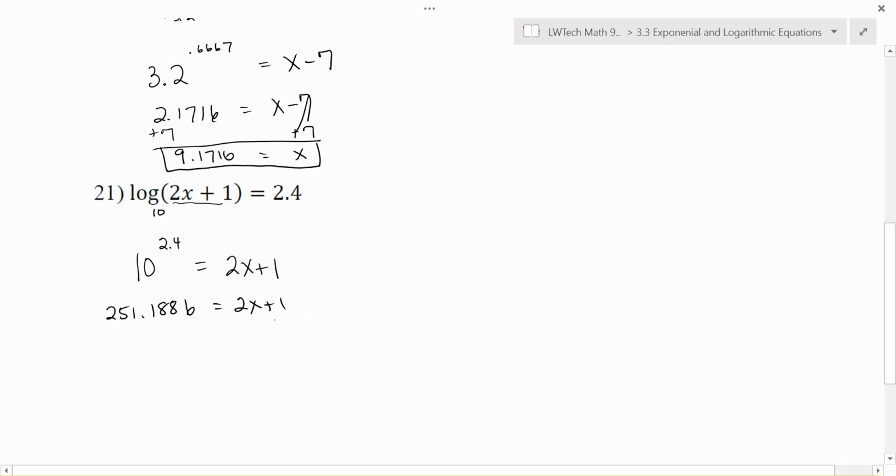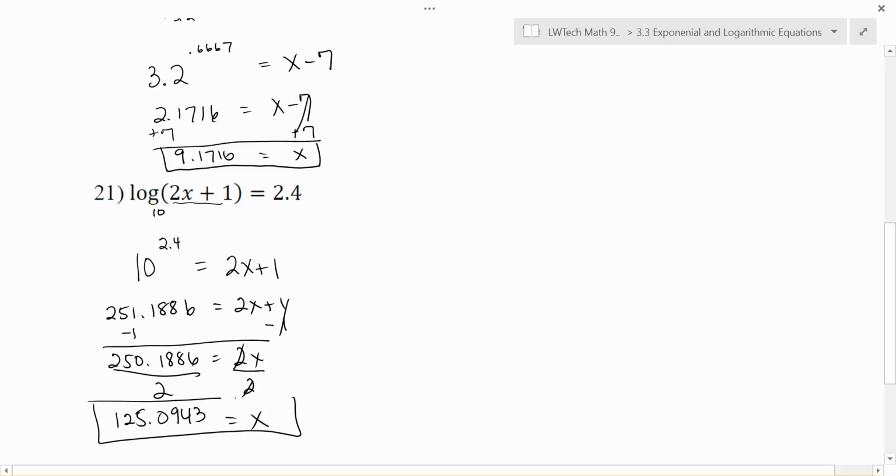We just need to finish getting it by itself with our normal standard solving procedures. So we'll subtract 1 from each side, which is going to give me 250.1886 equals 2x, and then I can finish solving just by dividing each side by 2. In this case, the x will get by itself, and on the left I'm going to end up with 125.0943 as my solution for x.